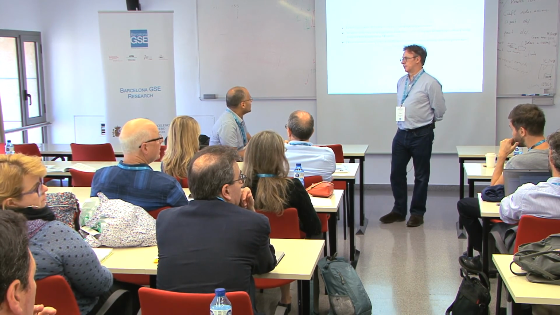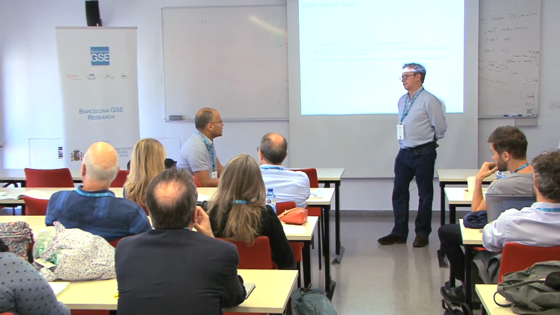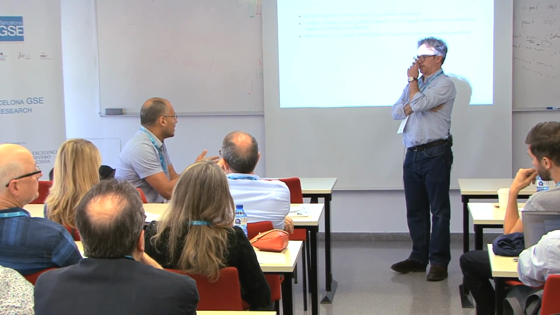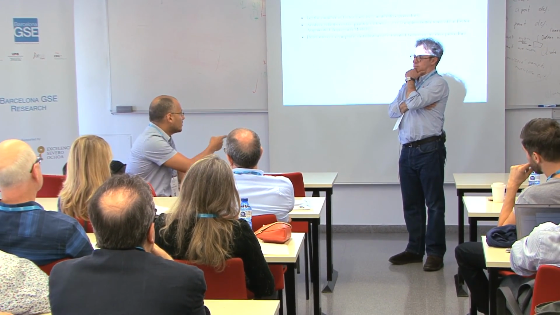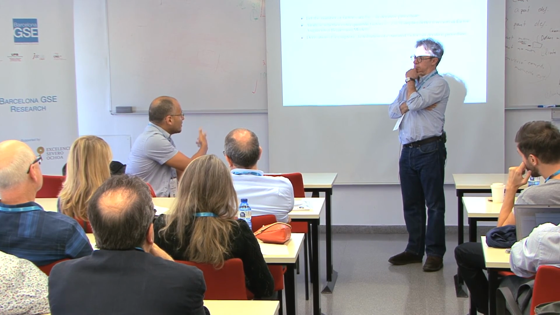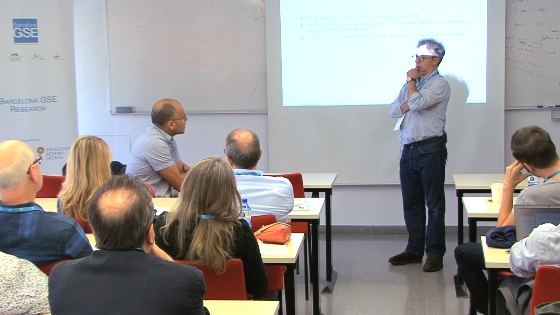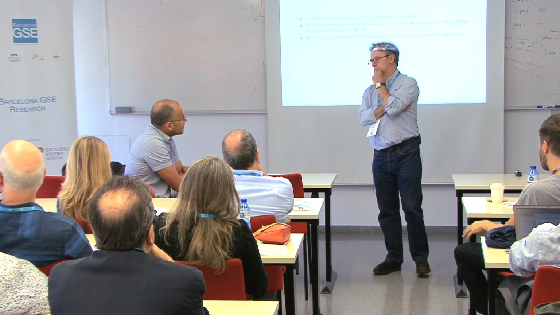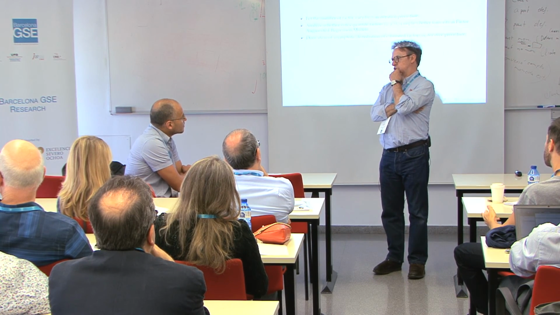I agree. I have a question. Can you give us an idea about the computational cost of the method? Like how much time does it take to get the results for, say, the Fama-French data set? It's not so intensive.